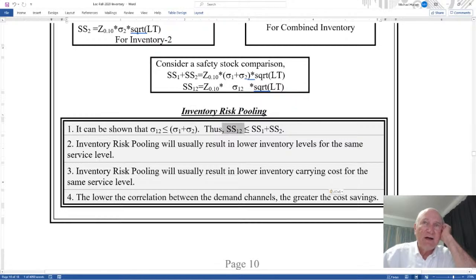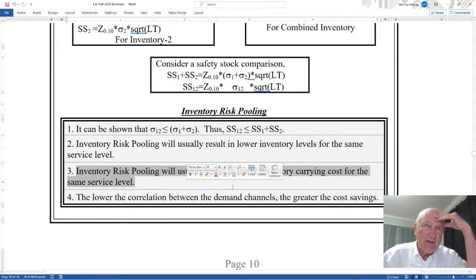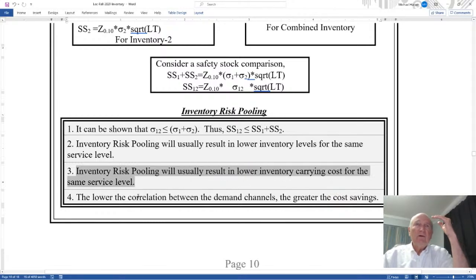Thus, the safety stock is less than the sum of the two. Therefore, the cost is less, because the inventory is less. Inventory risk pooling will usually result in lower inventory levels for the same service level, or lower inventory carrying costs for the same service level. Or, for the same inventory level, you can have a higher service level.